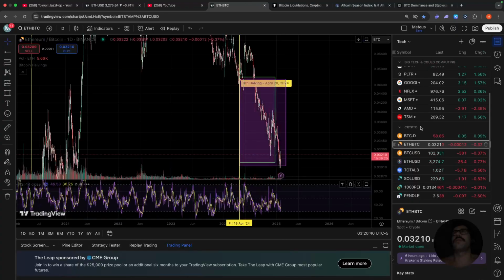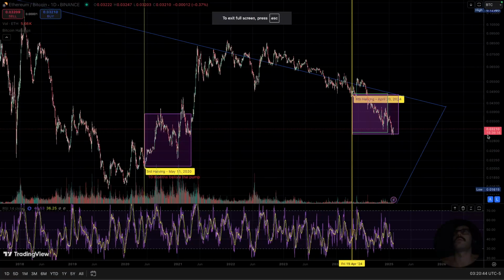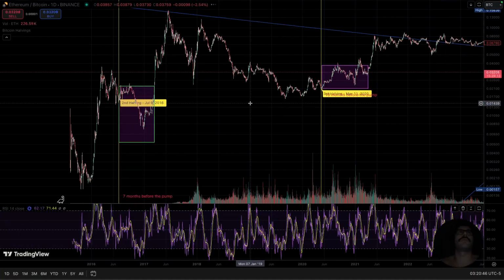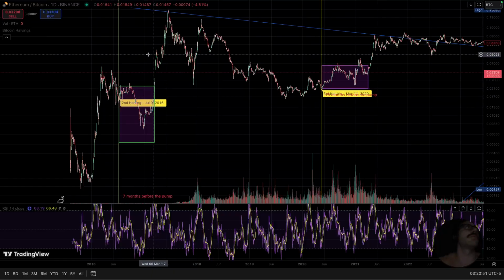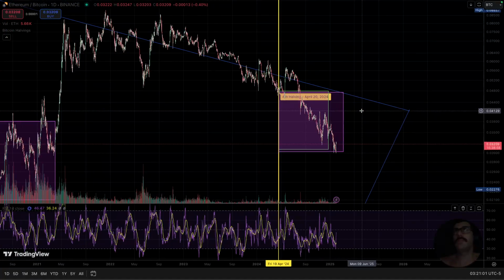If you see the Ethereum BTC chart, I also did similar stuff. So I got here 2016, when Ethereum started to pump versus Bitcoin. This is the Ethereum versus Bitcoin chart. 2020, same thing, and this cycle. So the green one represents 2016, the purple one 2020.